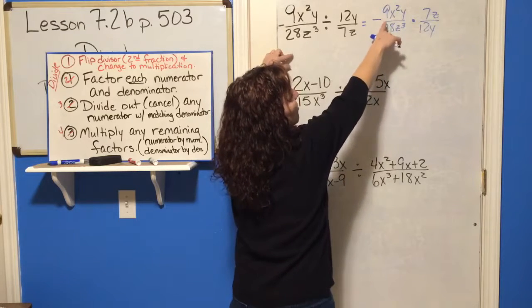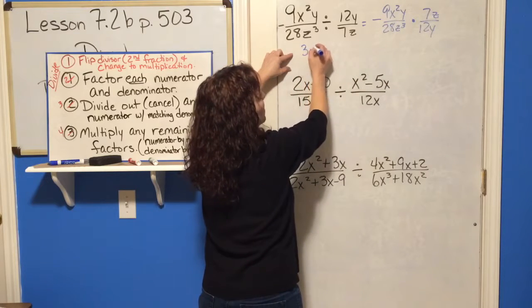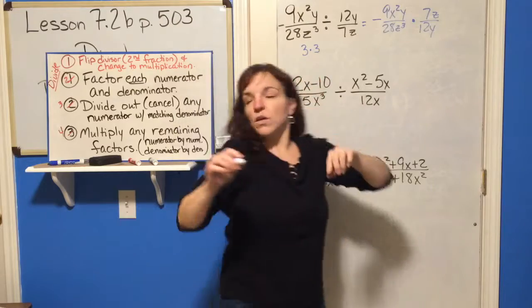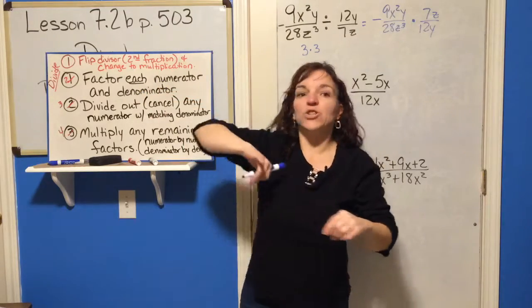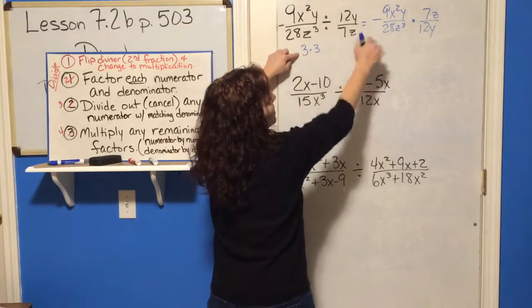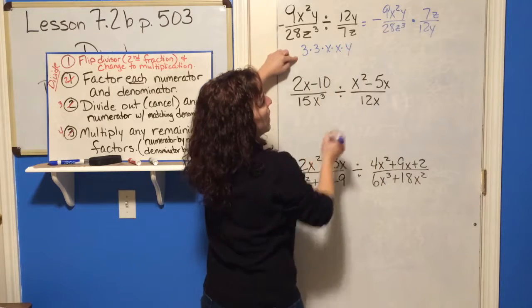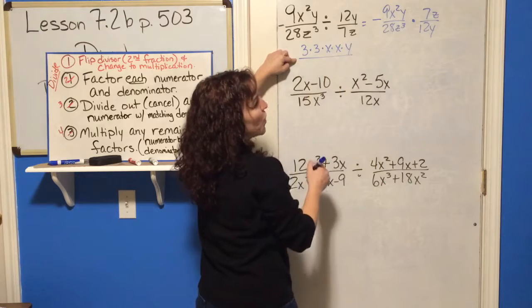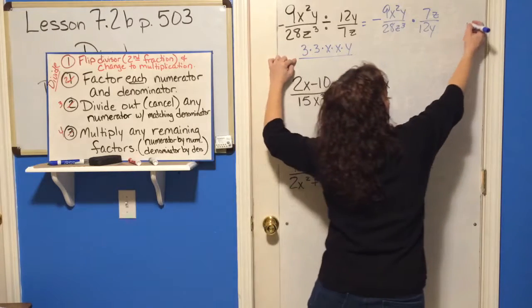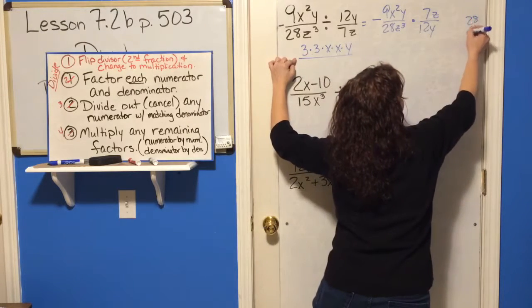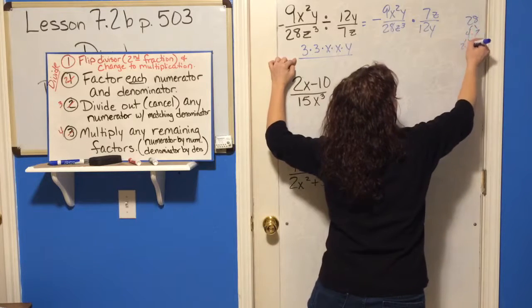So 9 factored out is 3 times 3. Now I'm doing step 2, which is factoring each numerator and denominator. So 3 times 3 times x times y, all over 28. And now what you're going to do with 28 is say, well, that's 4 times 7, and 4 is 2 times 2.